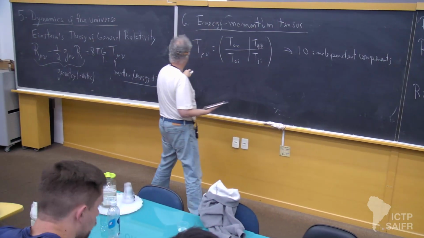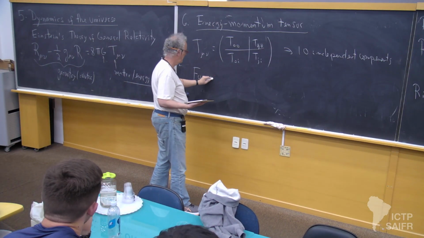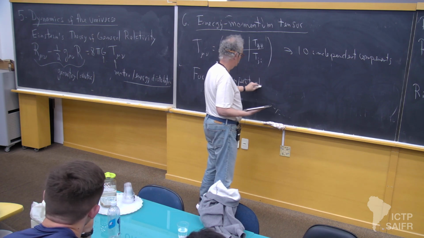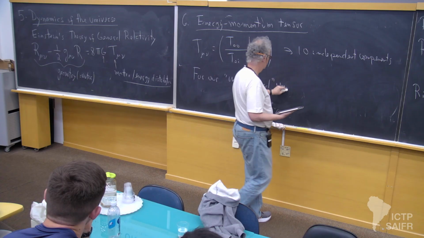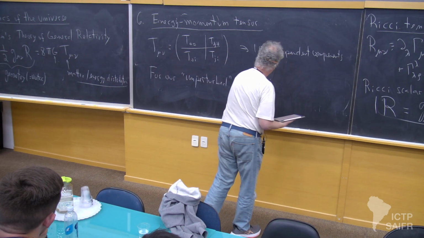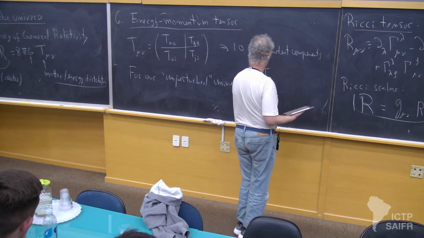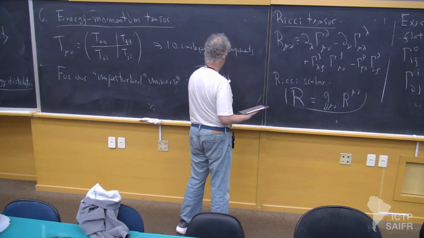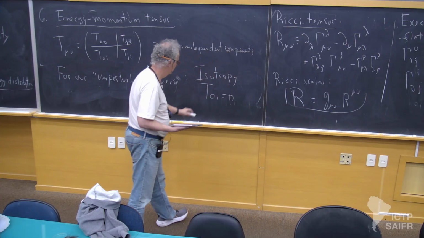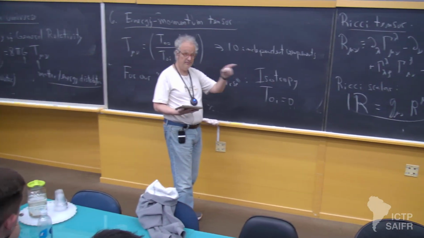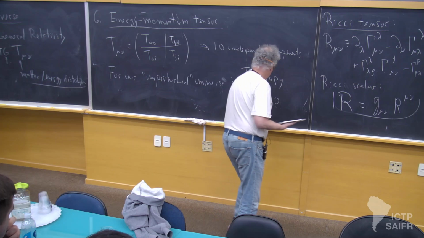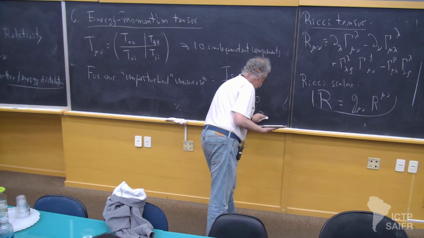Now, again, for our unperturbed universe, isotropy requires that T0i equals 0, because there's no privileged direction, and Tij must be diagonal, so it's proportional to gij.